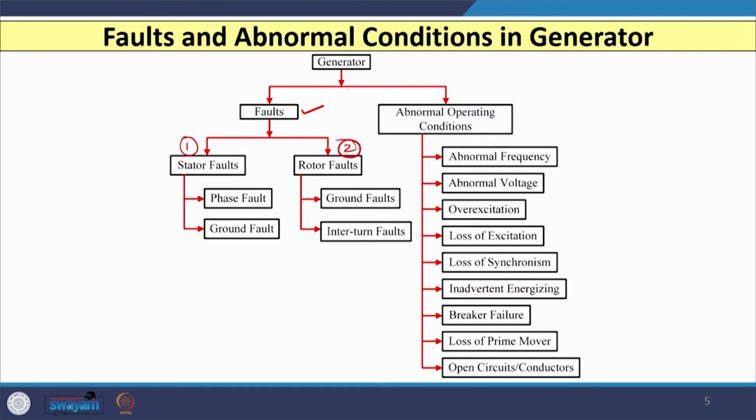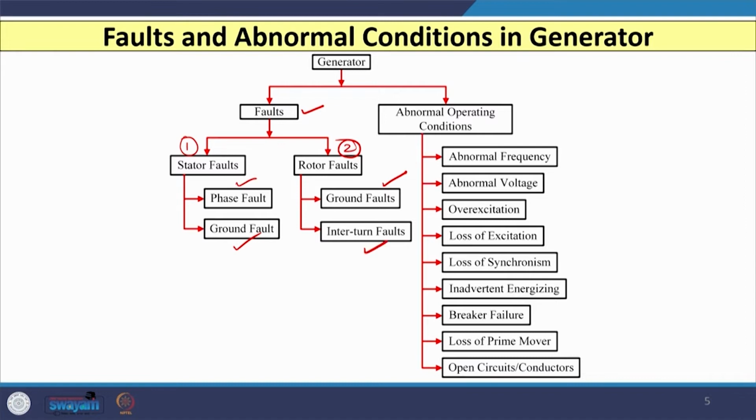Even in stator faults, if we want to subcategorize, then phase faults and ground faults are the two important faults which we need to detect, and we have to isolate the generator breaker if required, and in this case instantaneous tripping is necessary. We do have rotor faults, and if we subcategorize them, then we have ground faults and interturn faults.